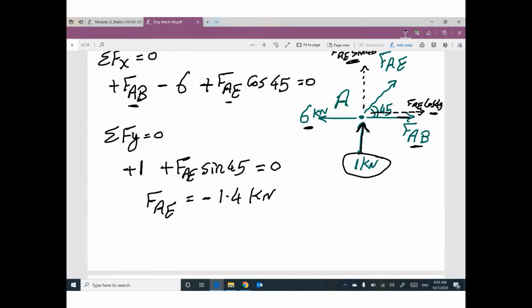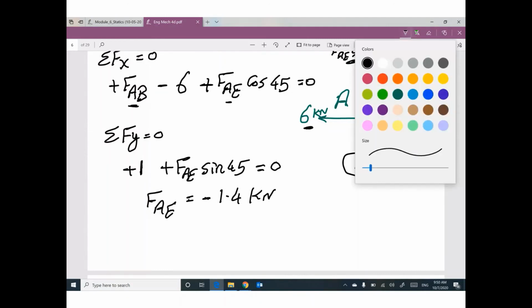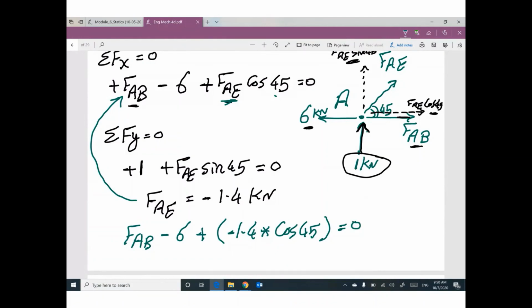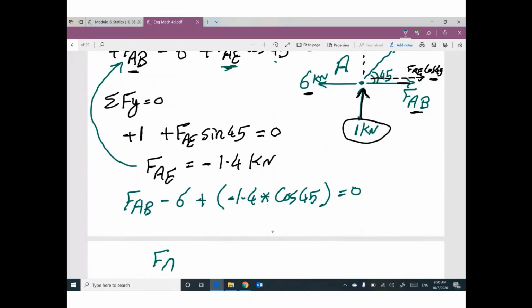Please go back to this equation. FAB minus 6 plus how much for FAE? Negative 1.4 times cosine 45 degrees equals 0. The only unknown in this equation is FAB, so I can figure it out. It will be 7 kilonewton.